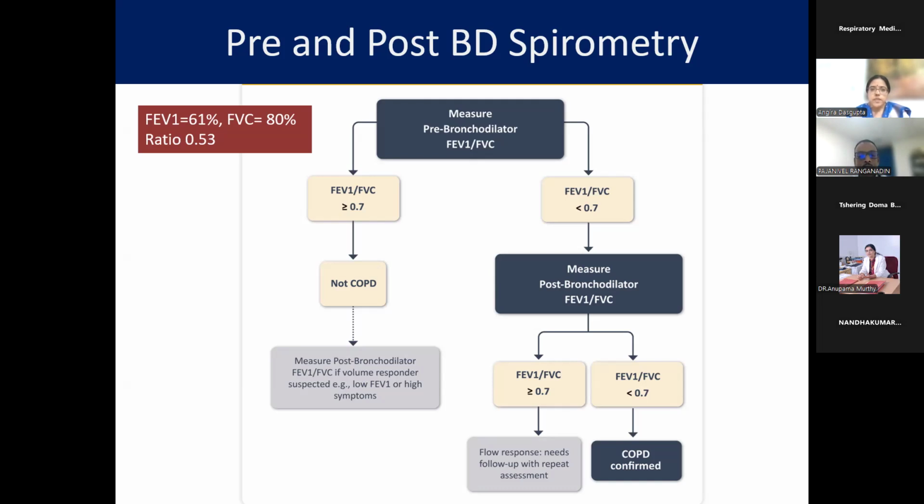So this patient has an FEV1/FVC less than 0.7. Remember, the ratio was 0.53. Then we measured the post-bronchodilator FEV1/FVC once more, just to check that the airways behaved like we thought they did. Here also, the FEV1/FVC was less than 0.7. So this patient definitely had confirmed COPD.